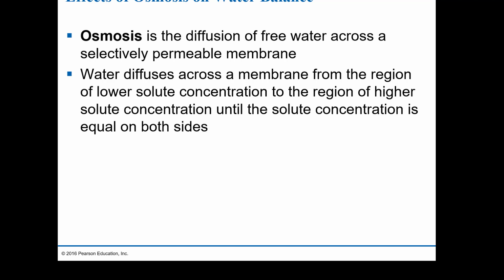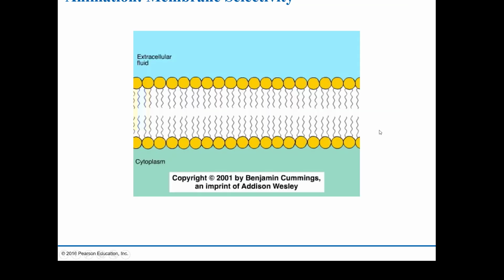But in reality, that was incorrect because only water is moving in osmosis. It should have been learning through diffusion. Water diffuses across the membrane from the region of lower solute concentration to the region of higher solute concentration until the solute concentration is equal on both sides. So this is water moving only.